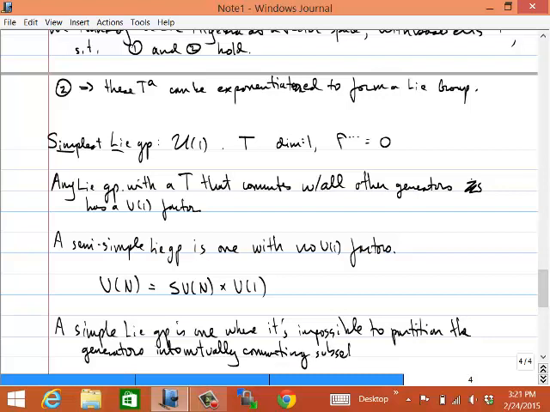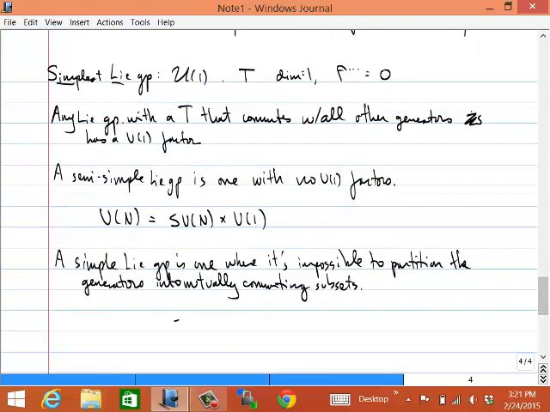So, for example, you could imagine that it's possible to partition the generators of some Lie group into two separate algebras, both of which don't talk to each other. The simplest case would be, for example, if you had two copies of SU2. That's a semi-simple but not simple Lie group, just because you have two copies of those SU2 generators that don't talk to one another.